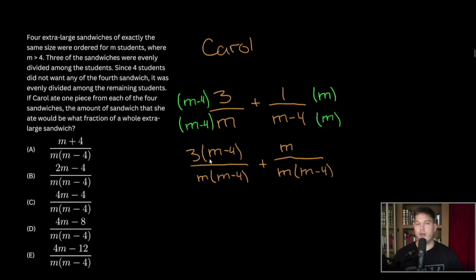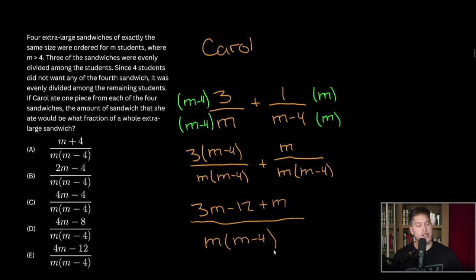Next, let's distribute the numerator in our first fraction to get 3m minus 12, and then we would add the numerator of our second fraction and put it all over the same denominator of m times m minus 4. Lastly, we combine like terms.